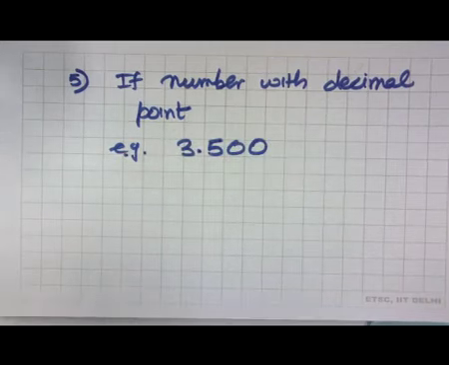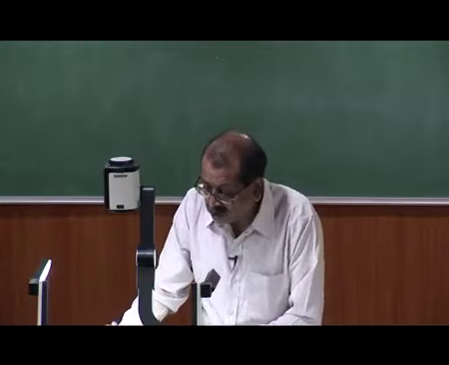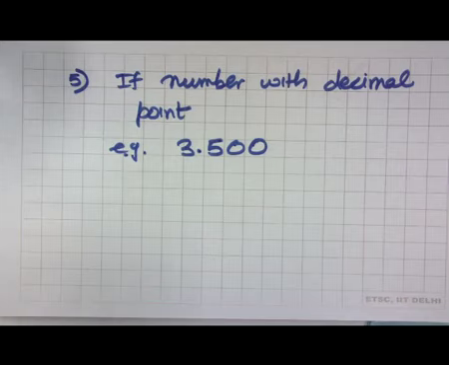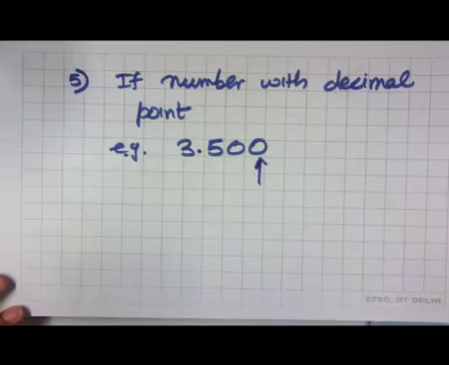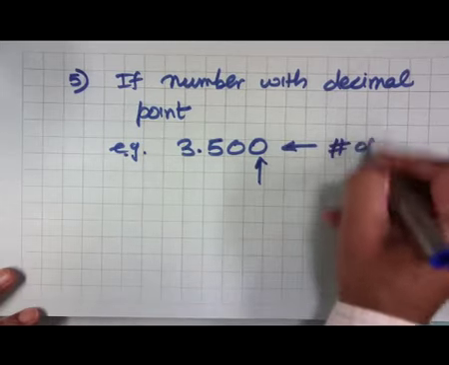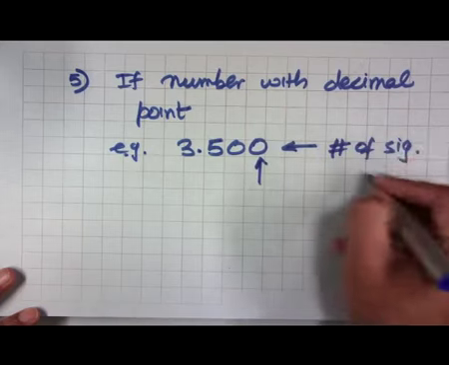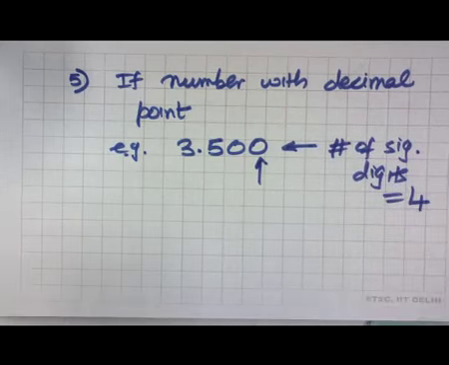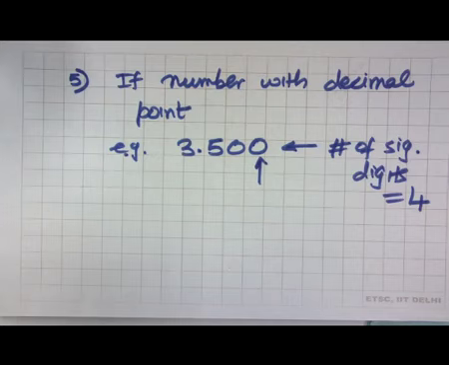Because the 2 zeros have been included after the decimal digit, that means the measurements were accurate up to this unit. So, in this case the number of significant digits is equal to 4. So, the trailing zeros in numbers with decimal points are significant.